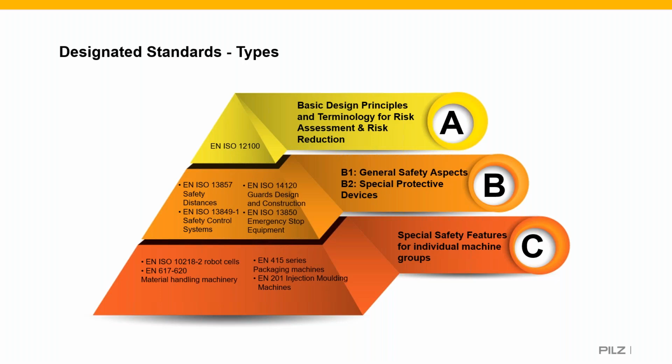So things like 13849 for control systems, 14120 for guards, and so on. And then the C-type standards look at machine specifics. So there, for example, will be 10218 for robots, 415 for various different types of packaging machinery, etc. Now, 14119 is for all general aspects, so it's a B-type standard, so it sits in that middle grouping.